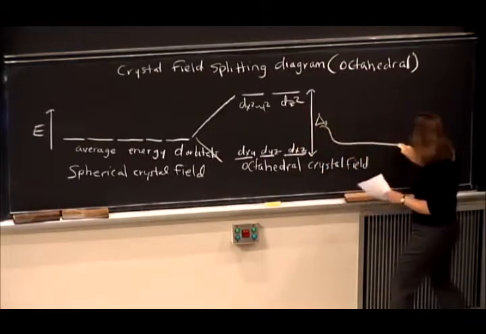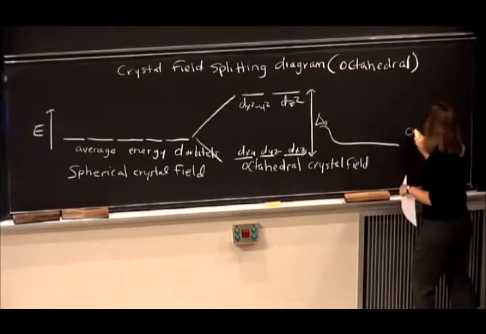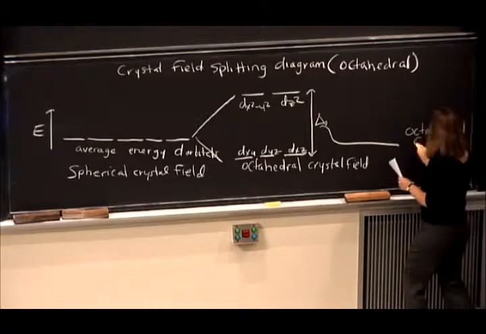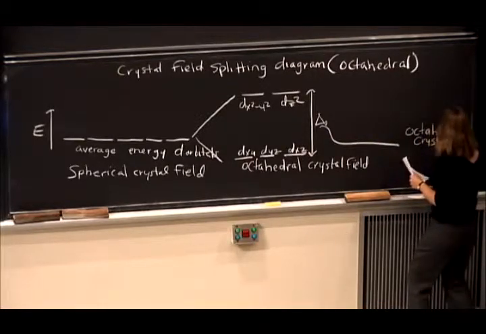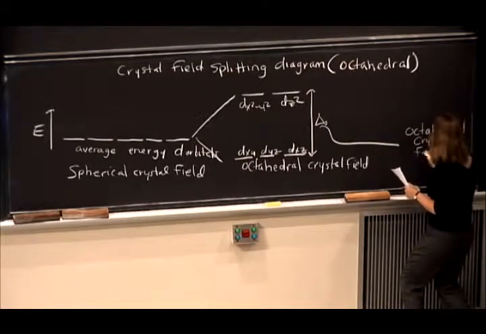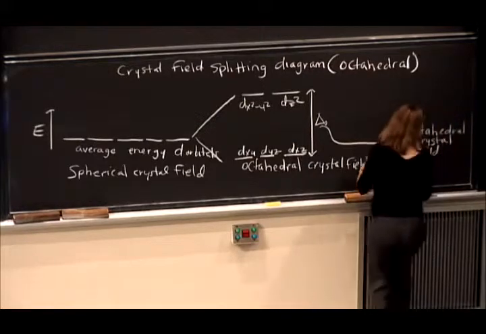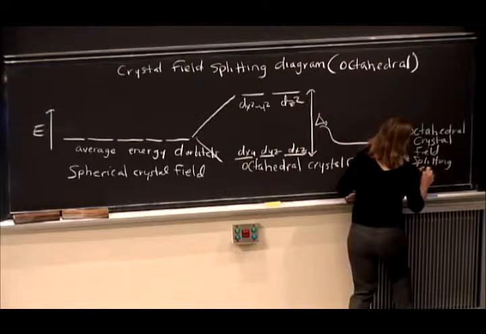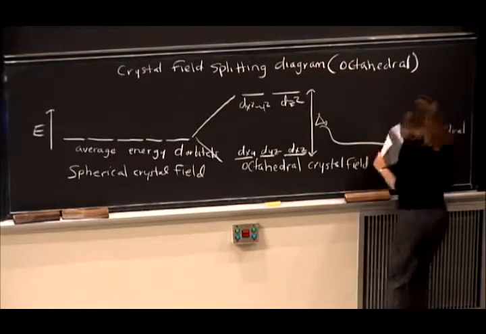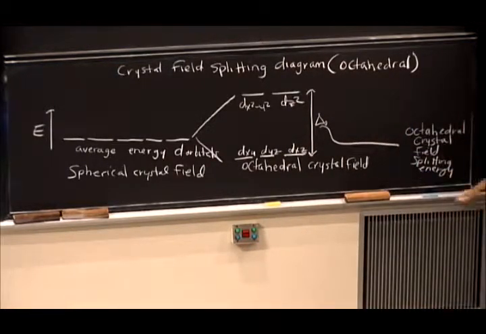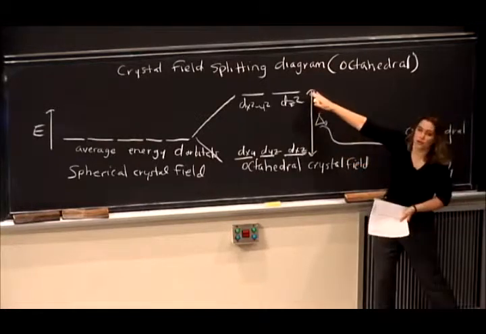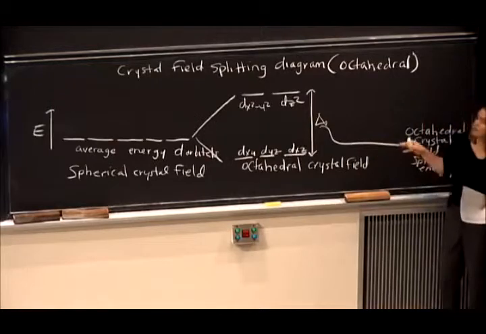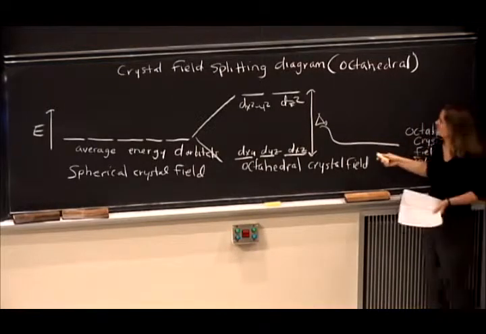So over here, we can put, this is for the octahedral case, crystal field splitting energy. And again, some of the orbitals go up in energy, some of the orbitals go down in energy, and the overall energy needs to be conserved.